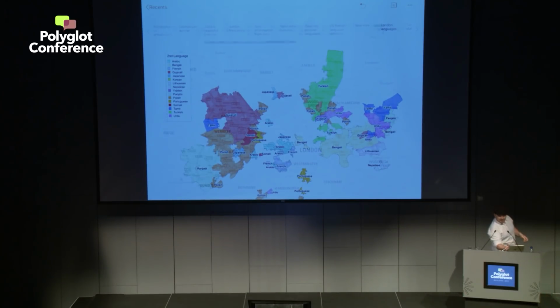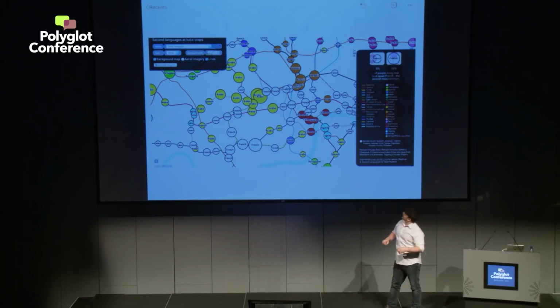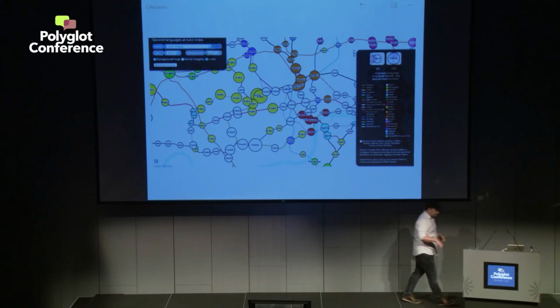But something a little bit more useful. How about you coordinate those to the particular tube stations? And then you can know which part of London you'll get out and which language you're more likely to hear. There we go. That's a lot nicer. Now I know where I can speak some French, some Arabic, and so on. And this, again, is something any one of you can do.